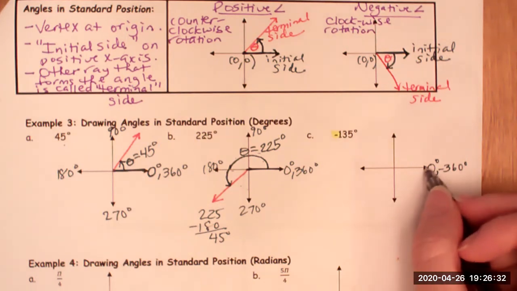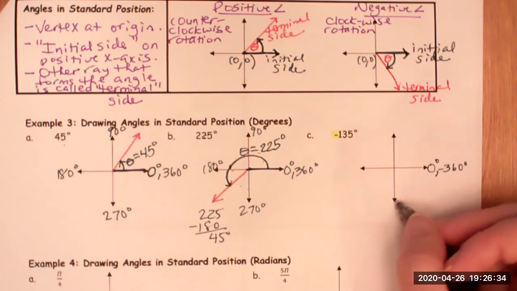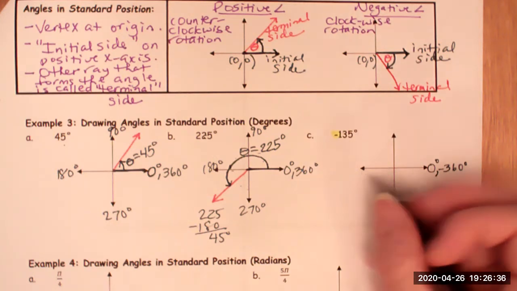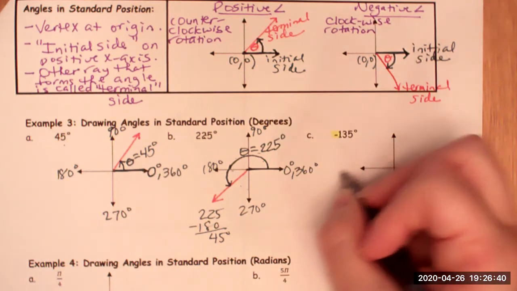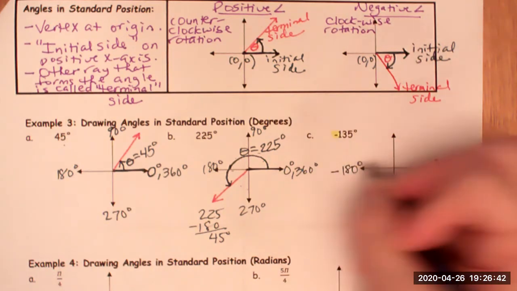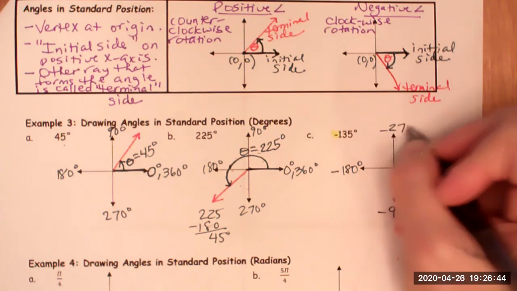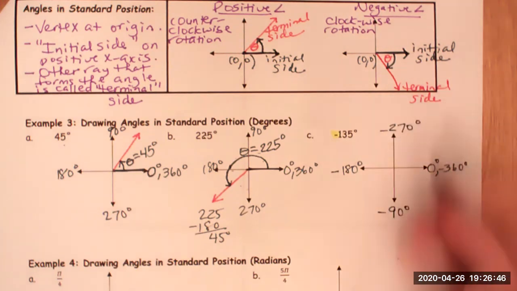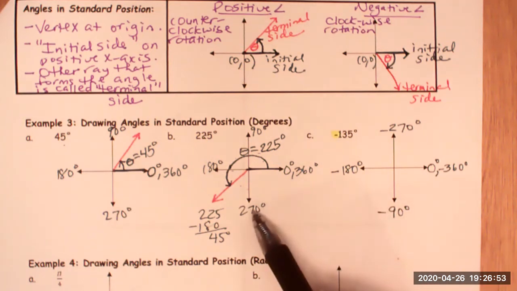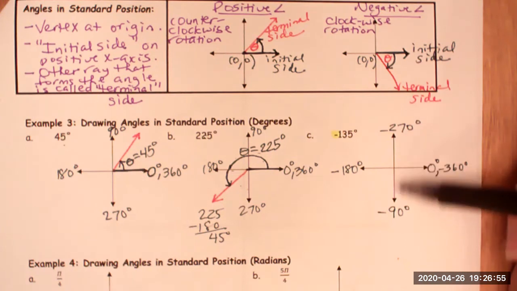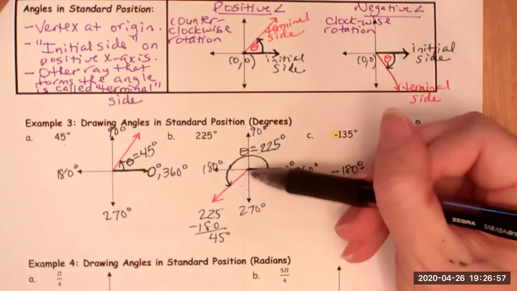So if I were to travel clockwise around the coordinate plane in a circle, here I'd be at negative 90, here I'd be at negative 180, and here I'd be at negative 270. Okay, so you should notice here that negative 90 degrees is equivalent to 270 degrees as far as where the terminal side of the angle would be.